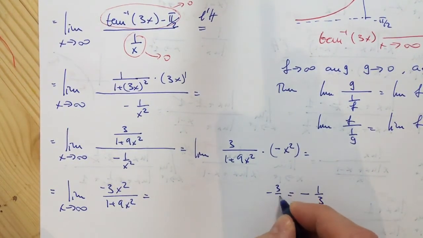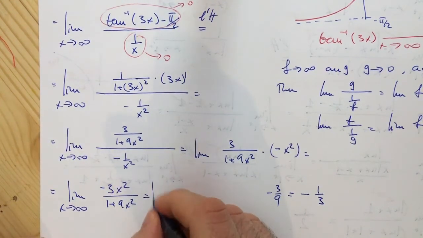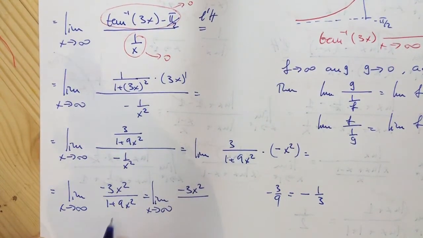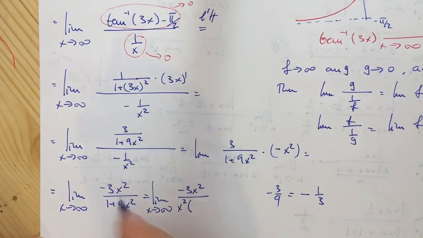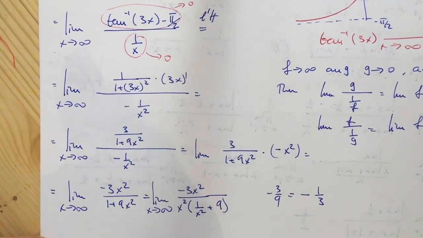That comes from negative 3 over 9, and that comes from the fact that if I have a ratio of two polynomials, right, and the numerator and the denominator are going to infinity, then that ratio is going to converge to the constant equal to the ratio of the coefficients of the highest exponents, or simply factor out the highest exponent in the denominator, in the numerator it is already factored, so that's 1 over x squared plus 9.